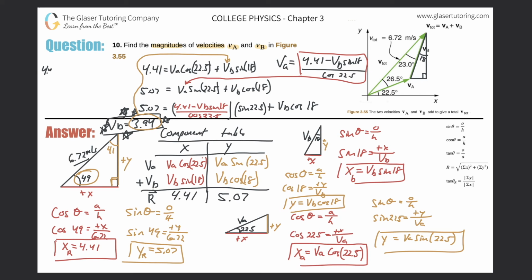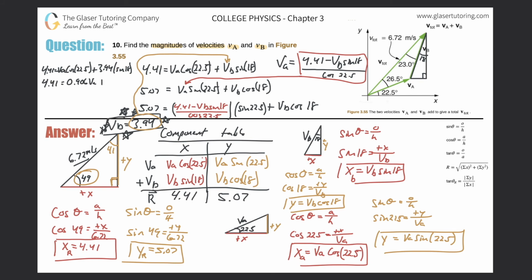So we got 4.41 is equal to VA cosine of 22.5 plus now 3.94 times sine of 18. Let's just condense some things. Why don't we find the cosine of 25 now? Cosine of 25 is equal to 0.906. So we got 0.906 VA.